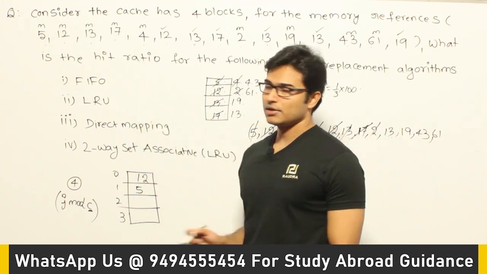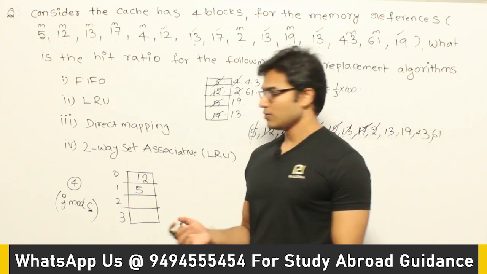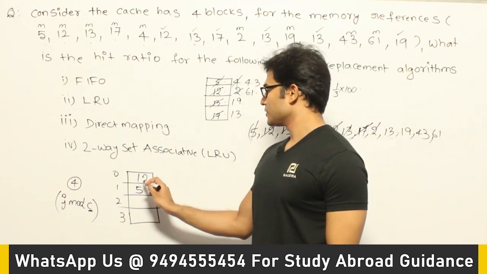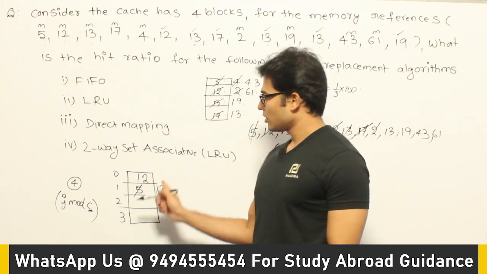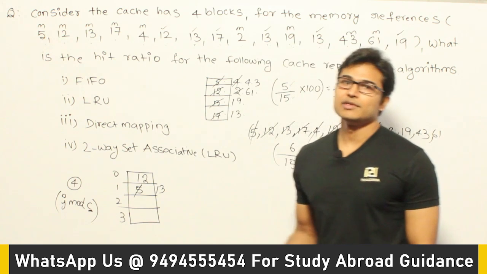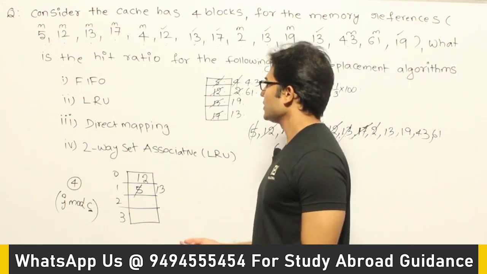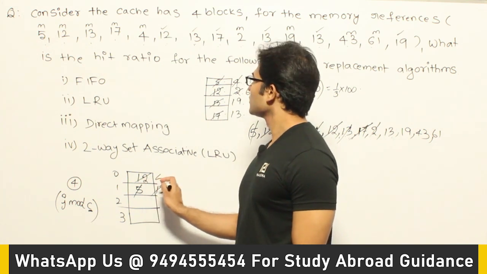What about 13? 13 when divided with 4, the remainder is going to be 1. Therefore you are supposed to put it here, but it is already full. That is why replace it. So 5 has to be replaced with 13. Got it? So whatever numbers I write here, they are all misses in this case. Now what about 17? 17 is again here. 4 here.